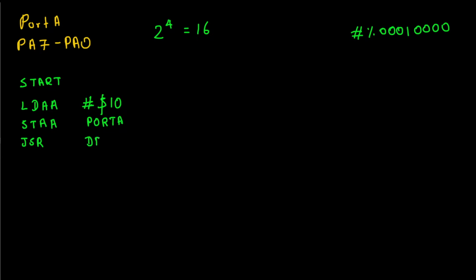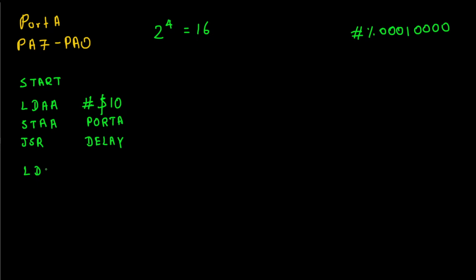We are going to create this one later. We loaded PA4 high, and now to load PA4 low, that is 0. It doesn't matter what PA you have, you may have PA5, PA6, whatever, the low is always 0. The high is decided based on the number.